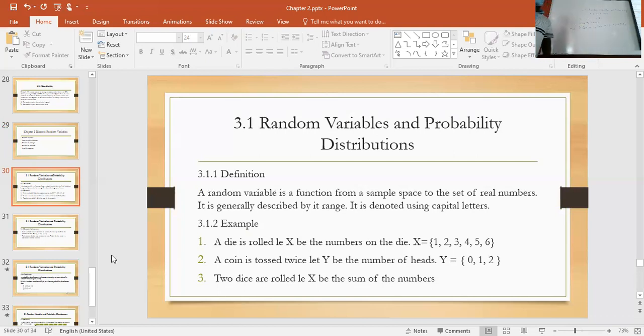We can also say that a die is rolled, let Y be 10 minus X, and X is the number on the die. Identify a random variable, and the values will be 10 minus 1, 9, 8, 7, 6, 5.